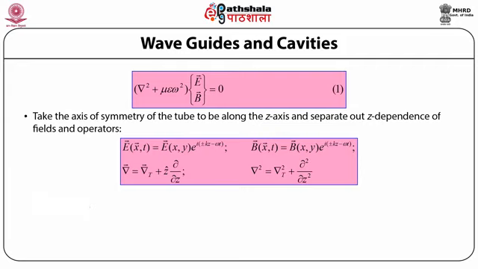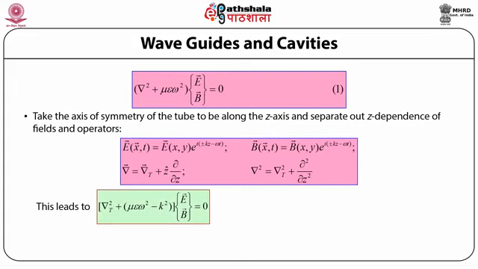Using these definitions and the way we have separated out the transverse component from the longitudinal component, we can rewrite the above equation as (del square transverse plus (mu times epsilon times omega square minus k square)) times the electric field vector is equal to 0, and similarly (del square transverse plus (mu times epsilon times omega square minus k square)) times the magnetic field induction vector B is equal to 0.